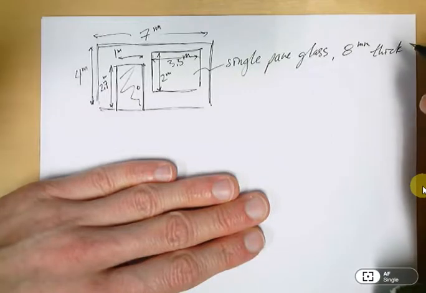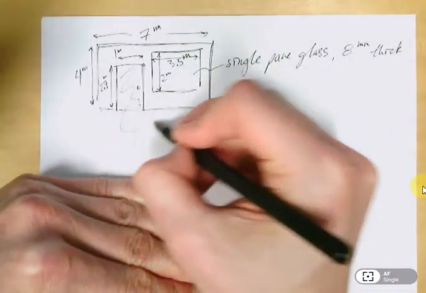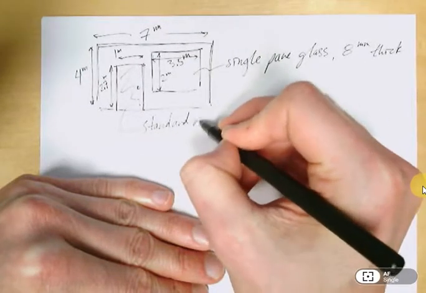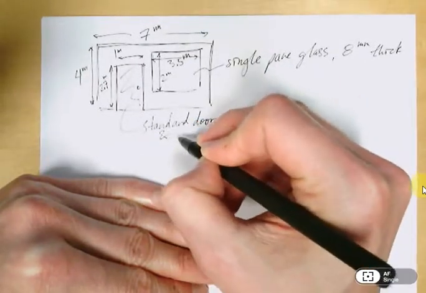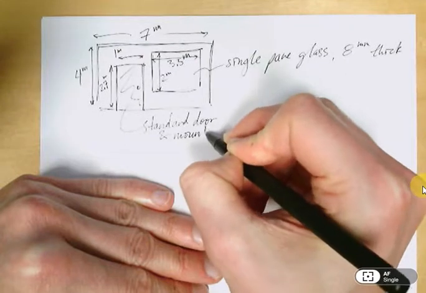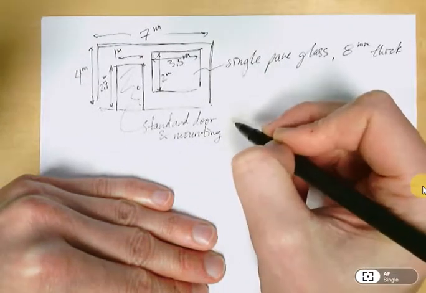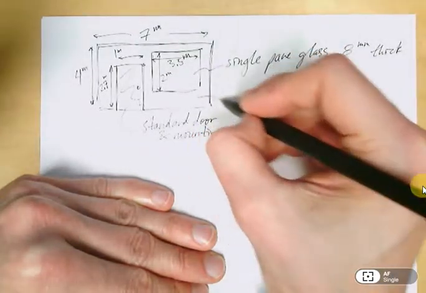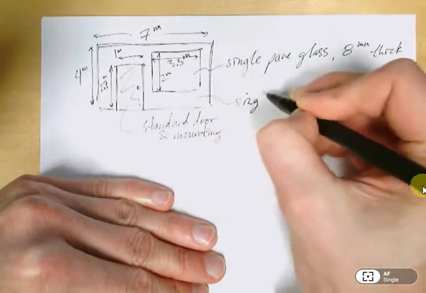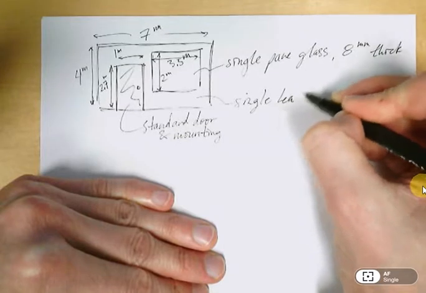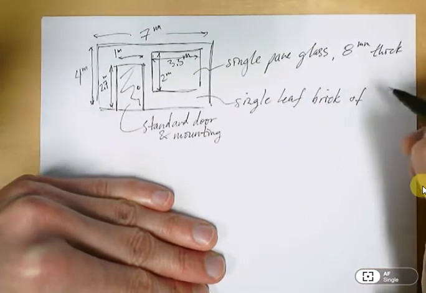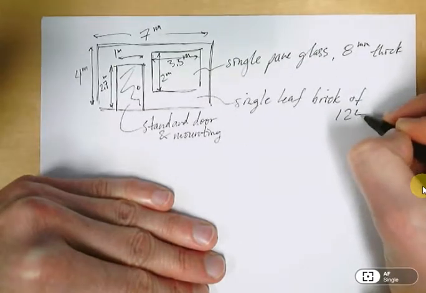We'll consider that this door is a standard door in mounting, while the wall itself is a single leaf of brick of 125 millimeter thick.